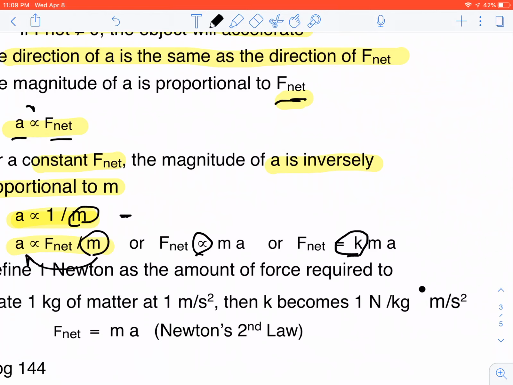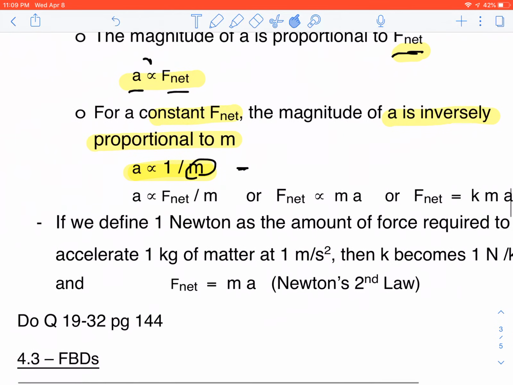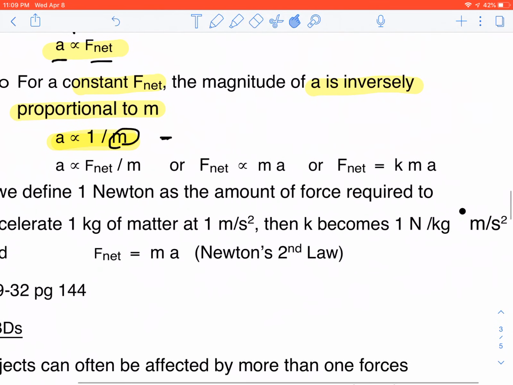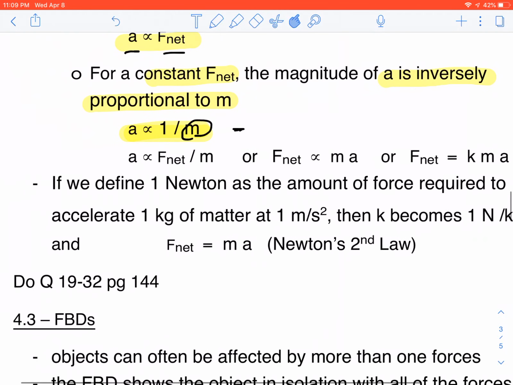The constant becomes k, and the k that we're going to use for this is a value which is always equal to 1 under one set of criteria. k will always be equal to 1 so long as the mass is in kilograms and the acceleration is in meters per second squared.